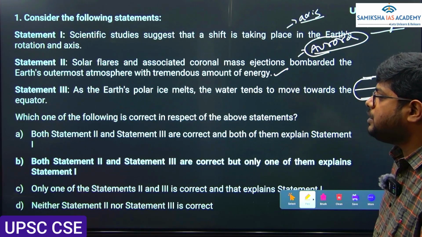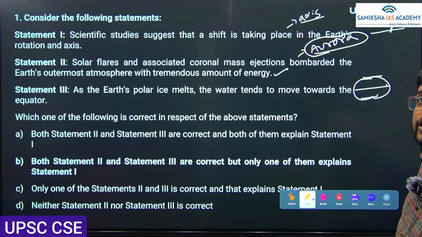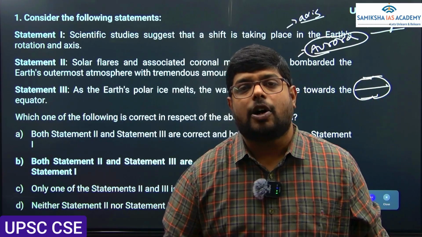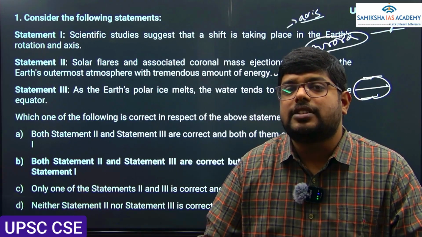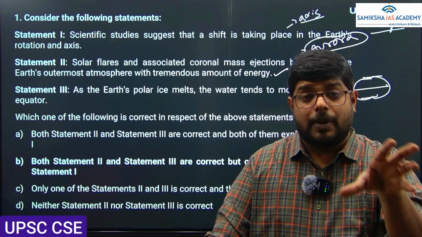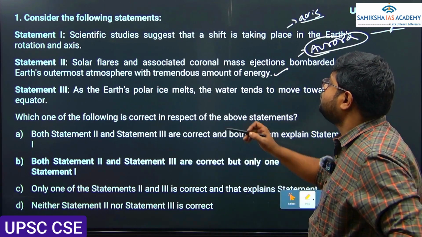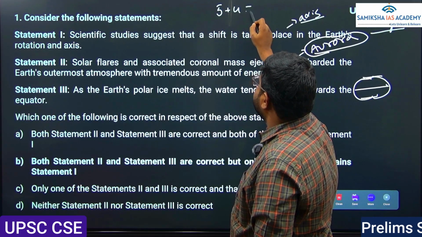When all three statements are correct, what is the answer? This is where you should analyze the question. UPSC is difficult not in the question, but in the options. Again I am saying this, remember, UPSC is not difficult in the questions, it is difficult in the options, right? Questions are the same, but options are difficult. To understand this, see, 5 plus 4 is 9.